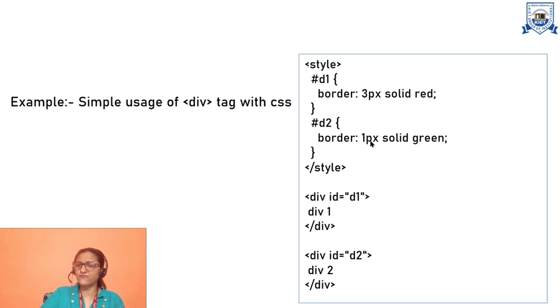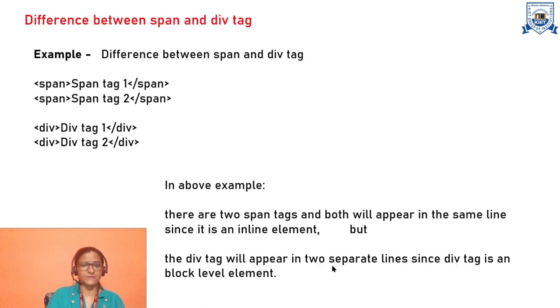There the border is 1 pixel and solid green color. So this first div is an individual block, and this div has another block, showing the effect in a particular section only. D1 will belong to this particular div. The effect of D2 will belong to this particular div, a complete section.